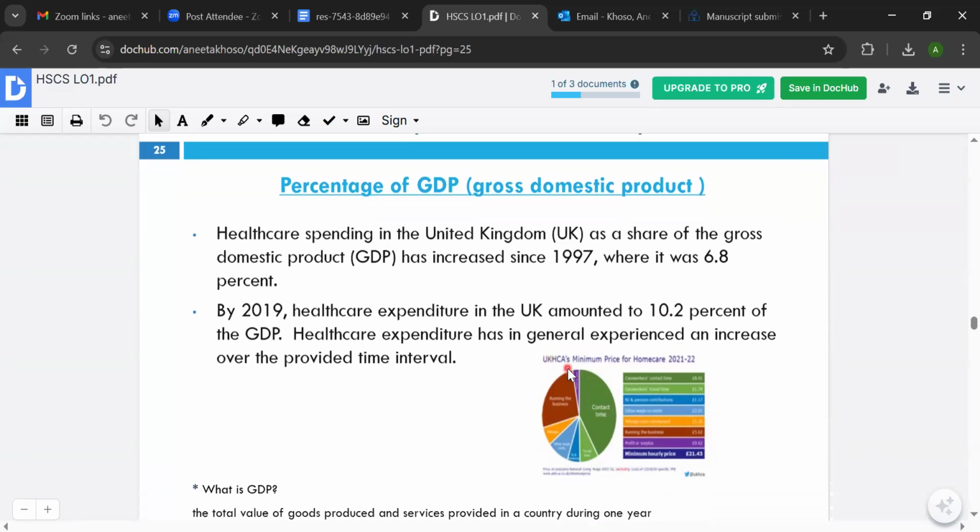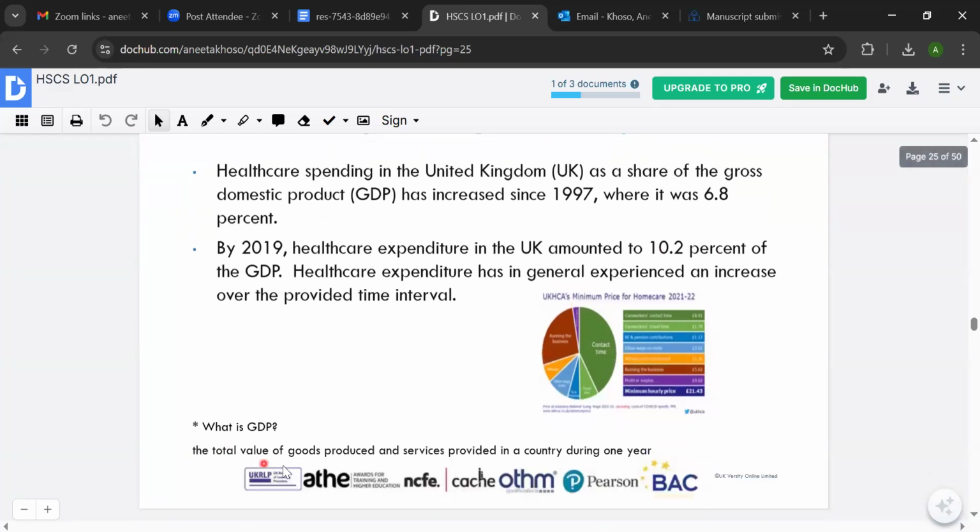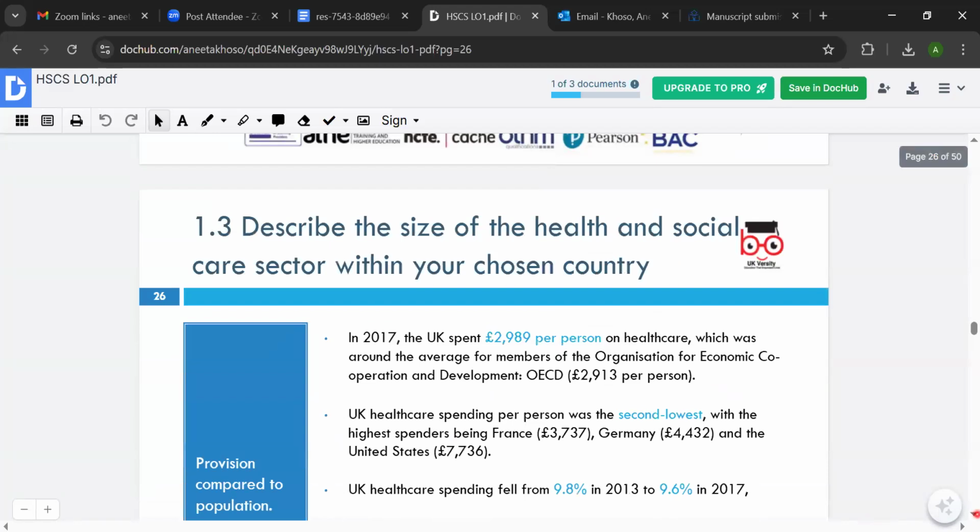GDP is the value of goods produced and services provided in a country in one year, the amount of money you generate within the country.